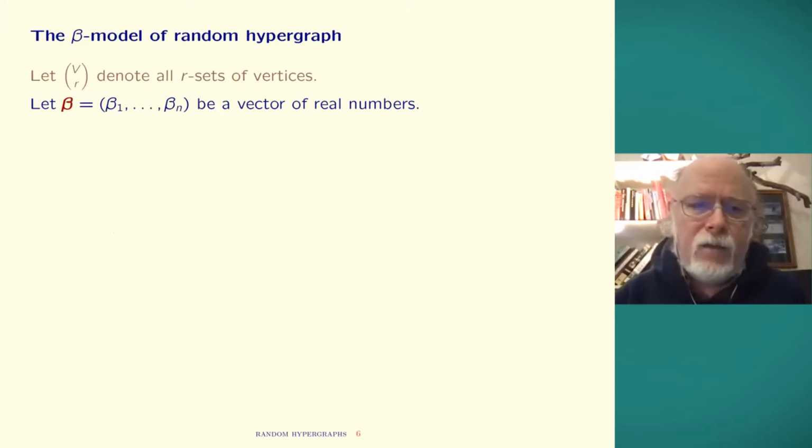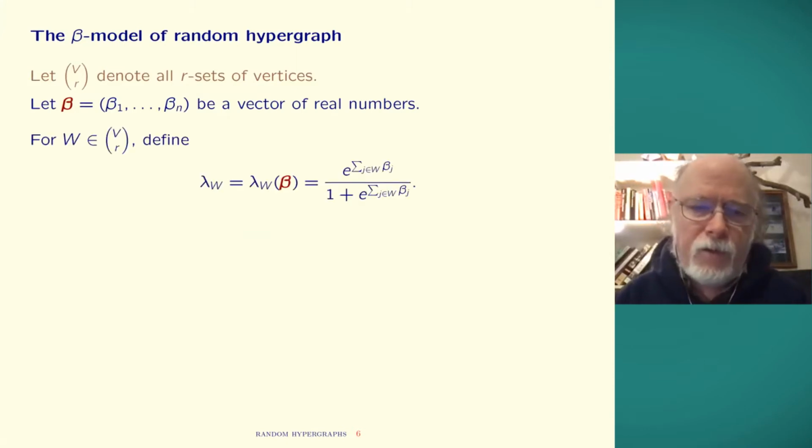Okay, so let V choose r denote the set of all r-sets of vertices, and let beta be a vector beta 1 up to beta n of real numbers. Now, for an r-set W, define lambda sub W like that. It's the exponential of the sum of the beta j over W divided by 1 plus the same exponential.